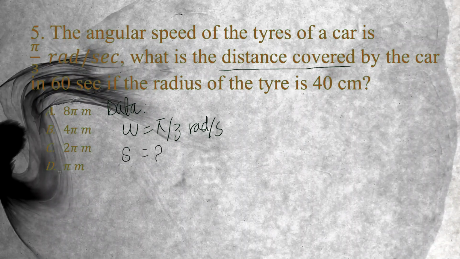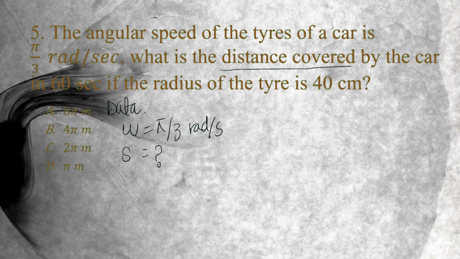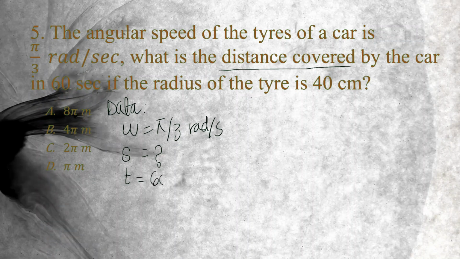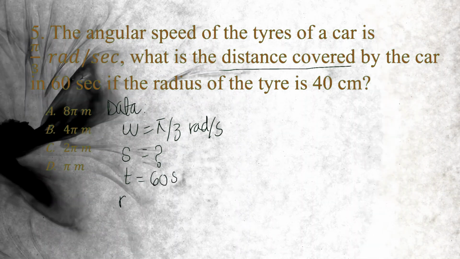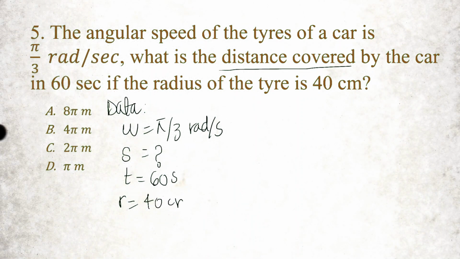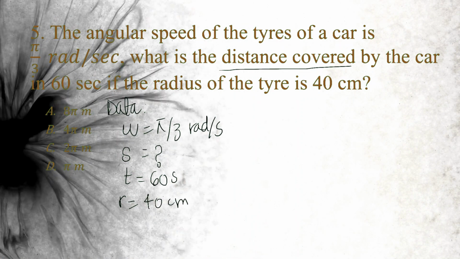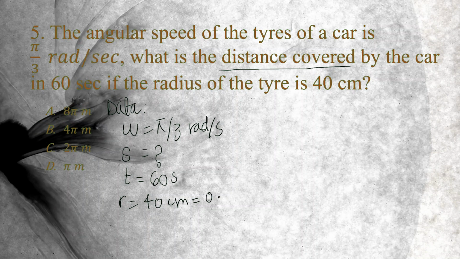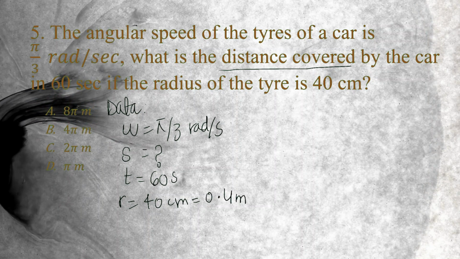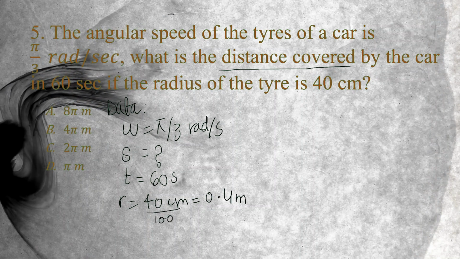So we have to calculate S. In 60 seconds, the time is given as 60 seconds. If the radius of the tire is 40 centimeter, and we know that centimeter is not an SI unit, so we need to convert it into meter, so it will become 0.4 meter after dividing it by 100.